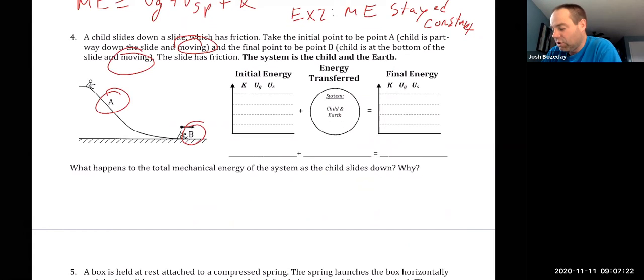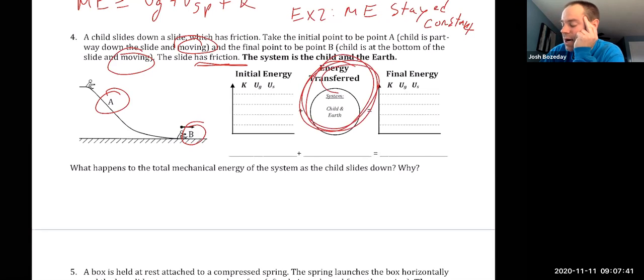The slide has friction. The system is the child and the earth, okay? So notice that in this case, what that means is that the force of friction is an outside force, okay? So force friction is going to do some work because it's not part of the system.